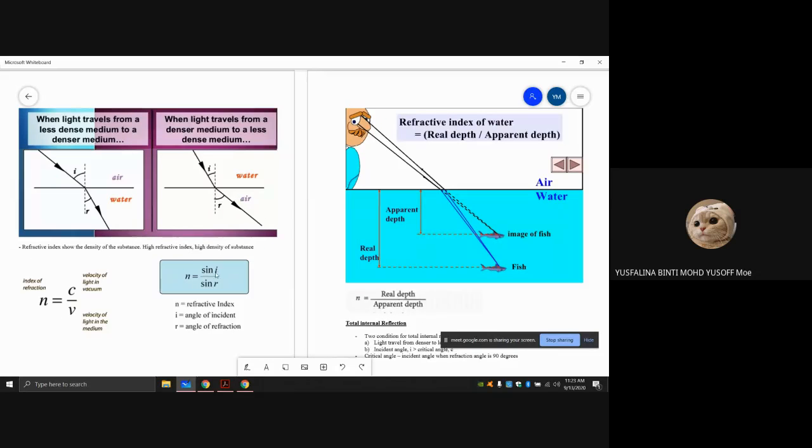So n equals sine i over sine r. This is the second formula.